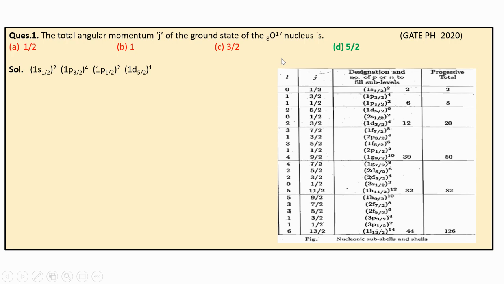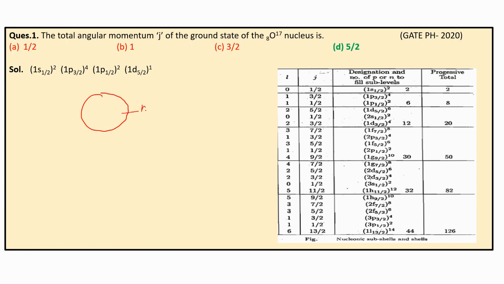This came in GATE 2022. Now, to solve this question, what you need to do? You need to fill these sublevels. But before filling these sublevels, we should know the background of it, like how these sublevels are coming, what is the physics behind it.